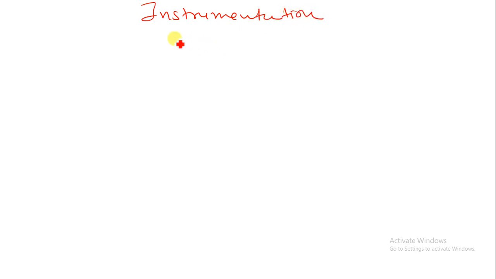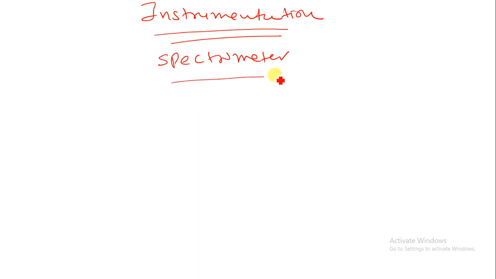Whether you are studying UV spectroscopy, FTIR spectroscopy, NMR spectroscopy, or mass spectroscopy, the instrumentation part is the most crucial part. Spectroscopy is the theoretical part, and now we are talking about the spectrometer.